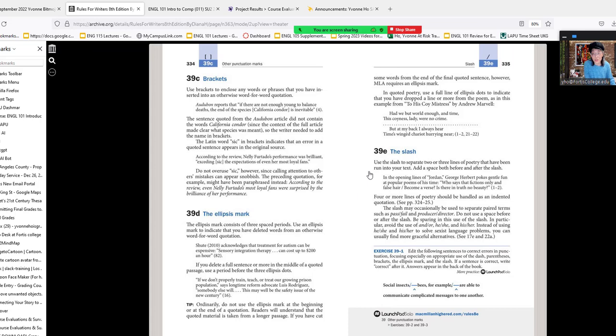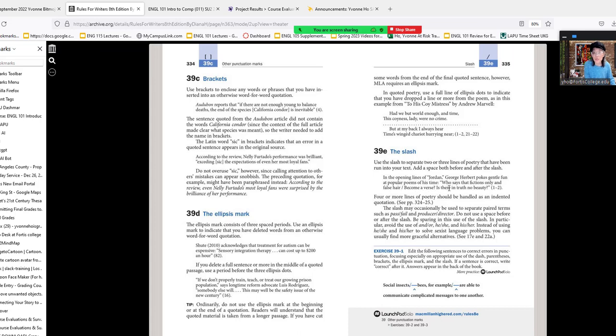The slash. Use the slash to separate two or three lines of poetry that have been run into your text. Add a space both before and after the slash. In the opening lines of "Jordan," George Herbert pokes gentle fun at popular poems of his time.